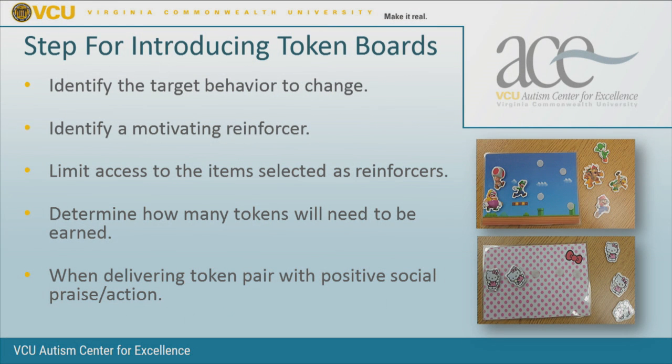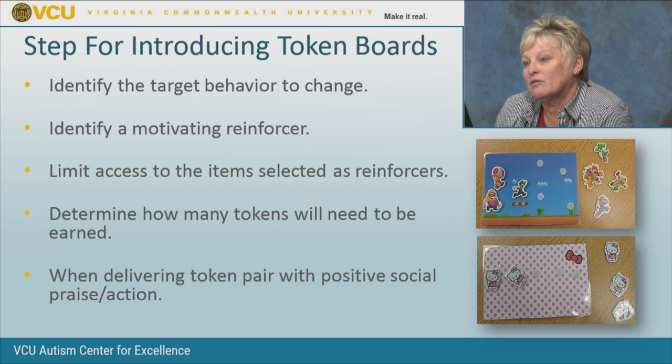When utilizing the token board, remember that you have to teach the concept of how the student uses the token board. The boards pictured to the right require 6 tokens. When you're beginning to teach it, you may want to consider giving the child the first 5, and they have to earn the 6th.